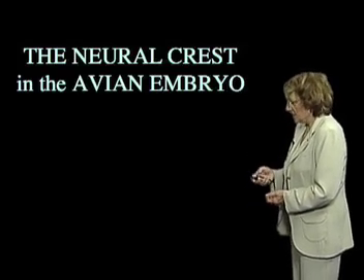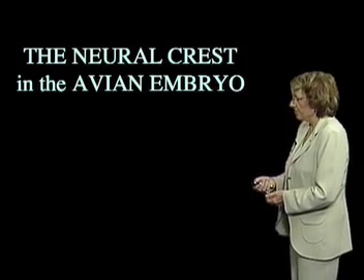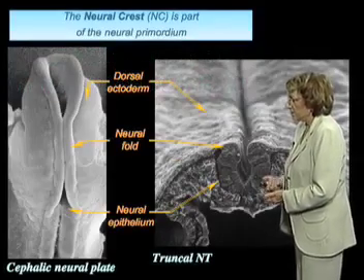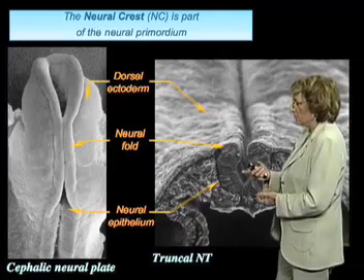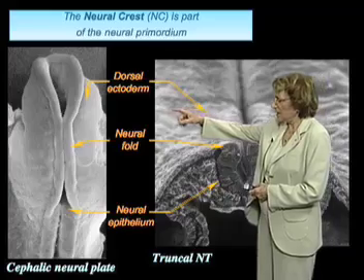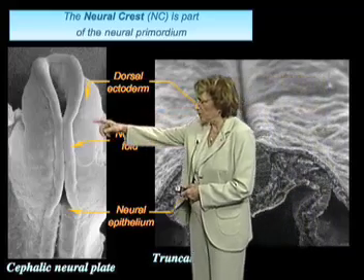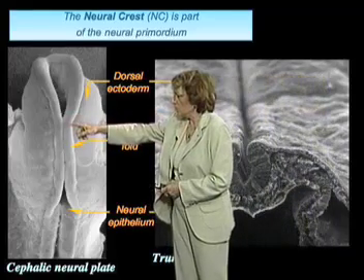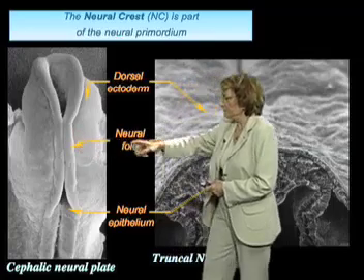The neural crest in the avian embryo is derived, like in the other embryos, from the lateral borders of the neural primordium, which are called the neural folds.